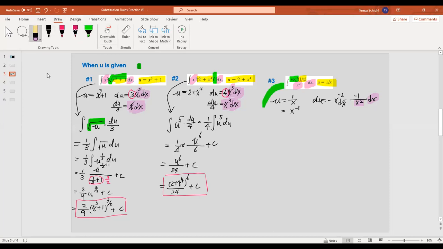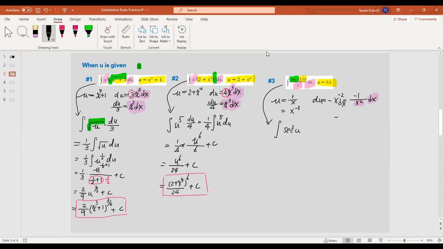All right, so let's try to put this back into these equations and see how we rewrite it, right? So here, now you can rewrite these ones here. Okay, so this is the function, right? So you can say secant squared u, right? Then the pink one here is negative 1 over x squared, so this is du, right?